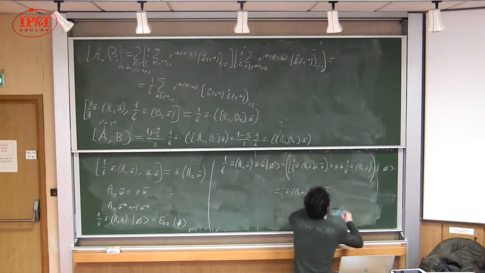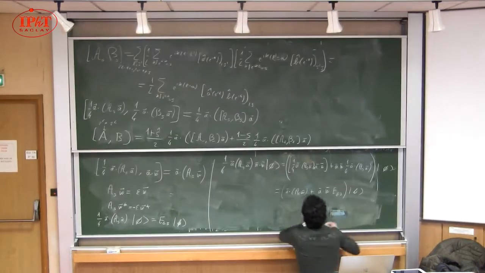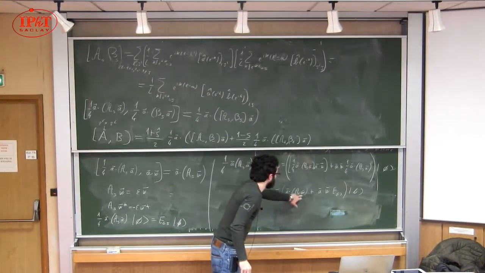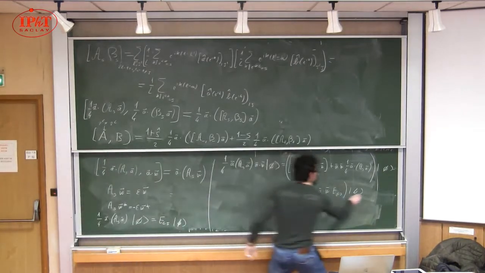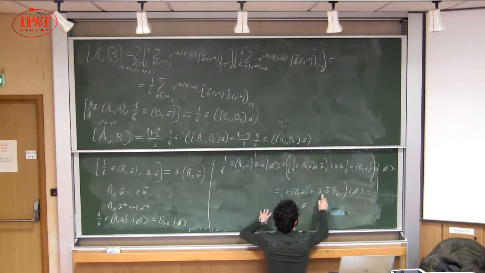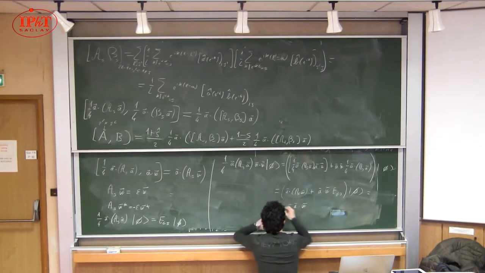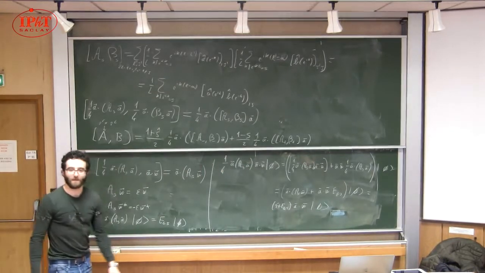So this is equal to plus the ground state energy applied to the vacuum. But A_S W, with W chosen to be an eigenstate, is equal to epsilon A W, and there is also A W here. So we have epsilon plus the ground state energy applied to the ground state.